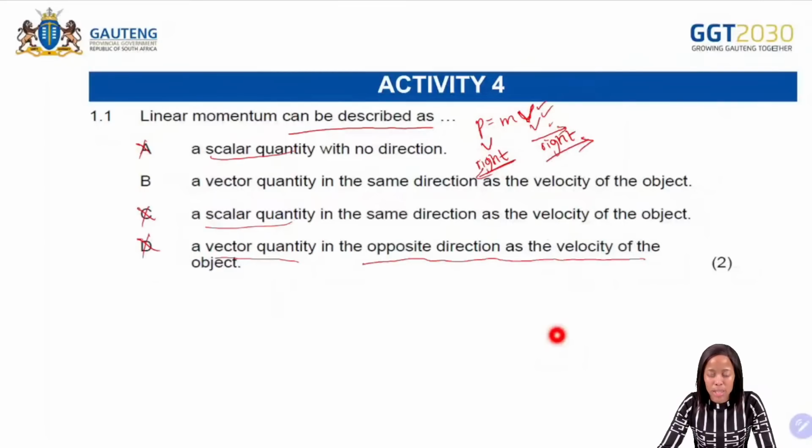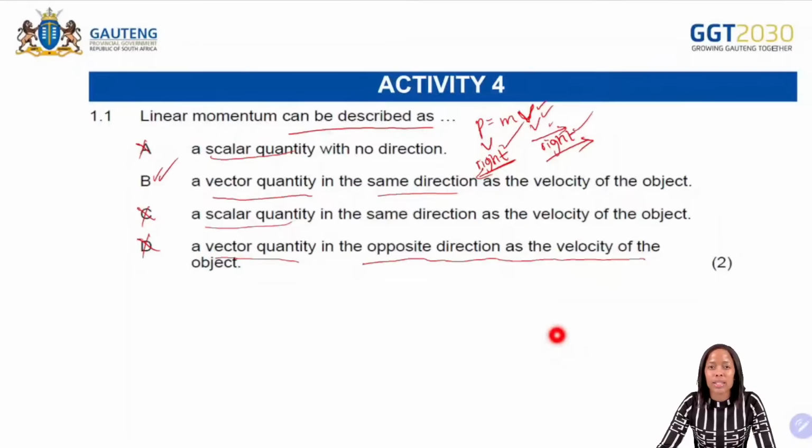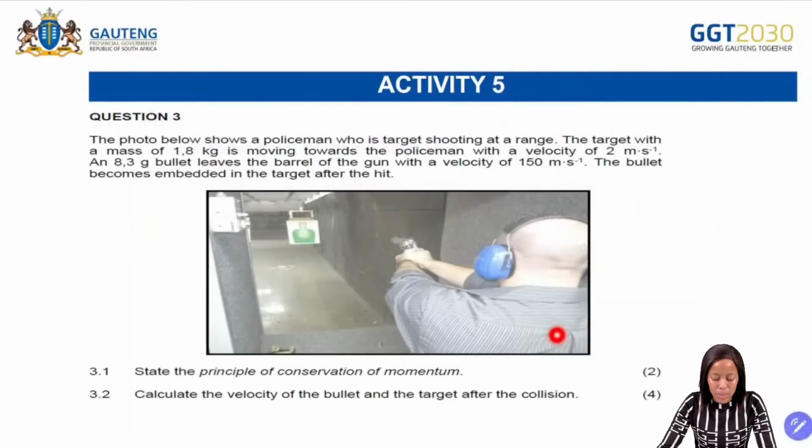The correct answer should be a vector quantity in the same direction as the velocity of the object. If the object is moving to the right, then the momentum will also be to the right. So the correct answer for us will be the letter B.